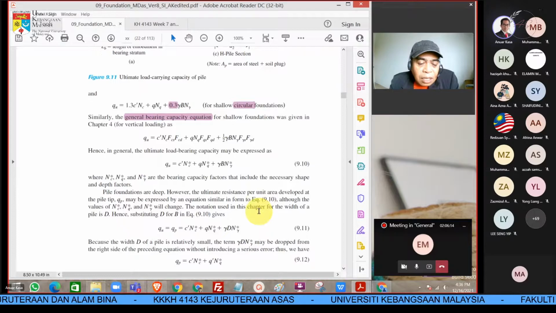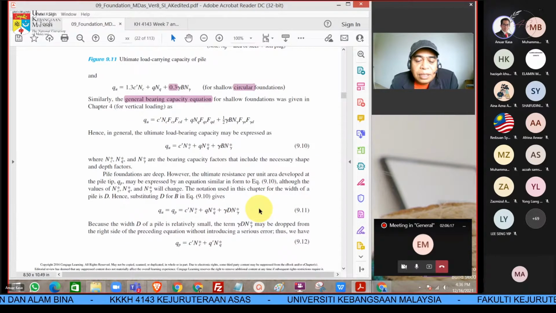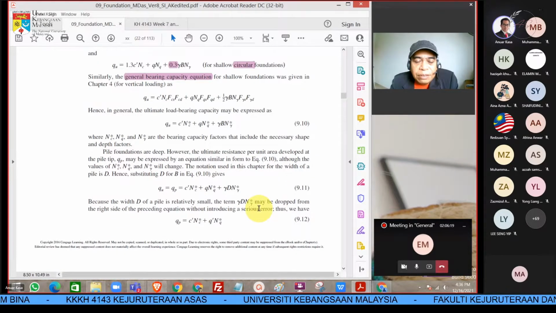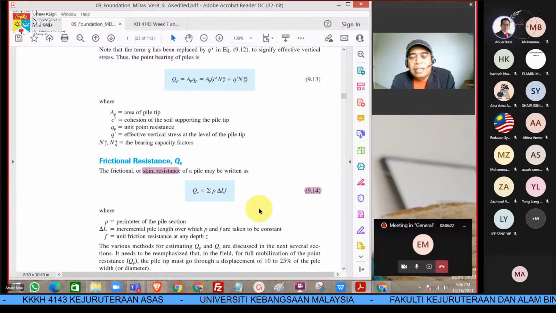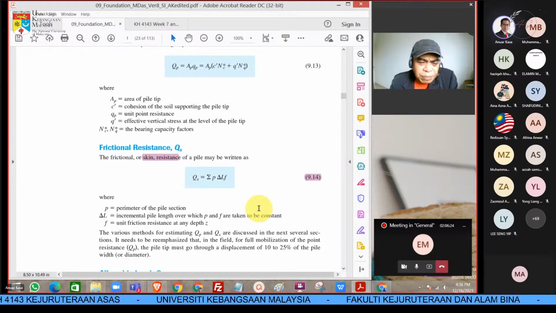So the concept is still the same whether you're using the Terzaghi or the general bearing equation.